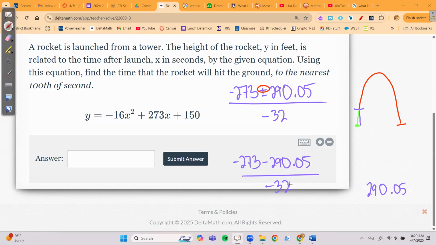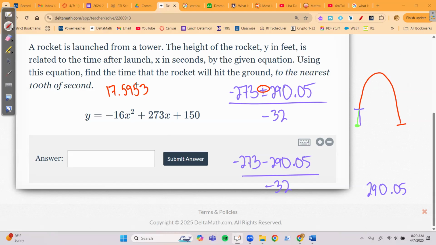So with that number on your screen, just hit divided by negative 32, and you get an answer. And it says to the nearest hundredth of a second. I'll give you a second to type that in, but my calculator, I will write it in red, gave me this. Well, you get caught up. 17.595 and so on.